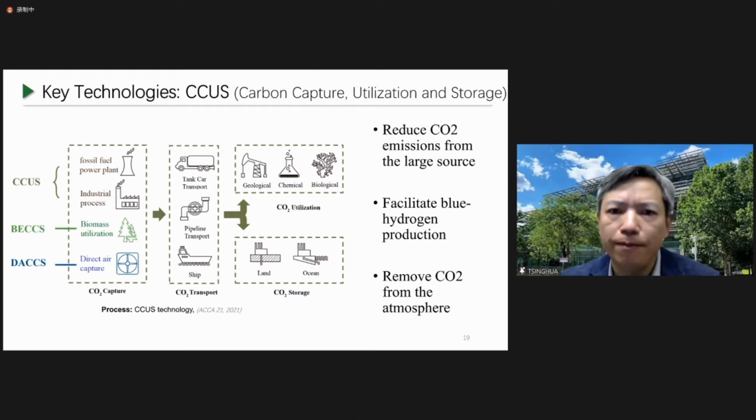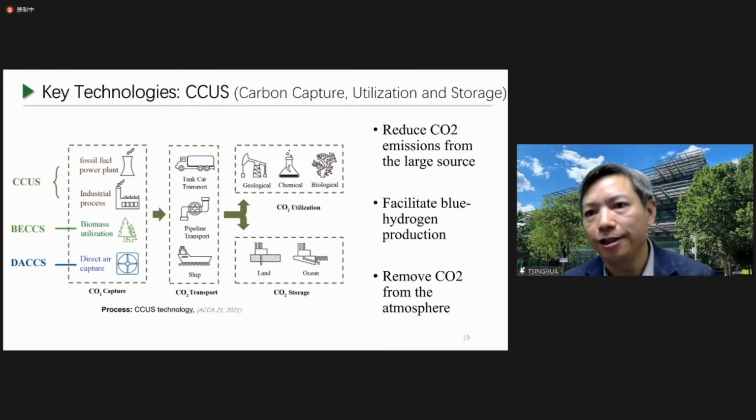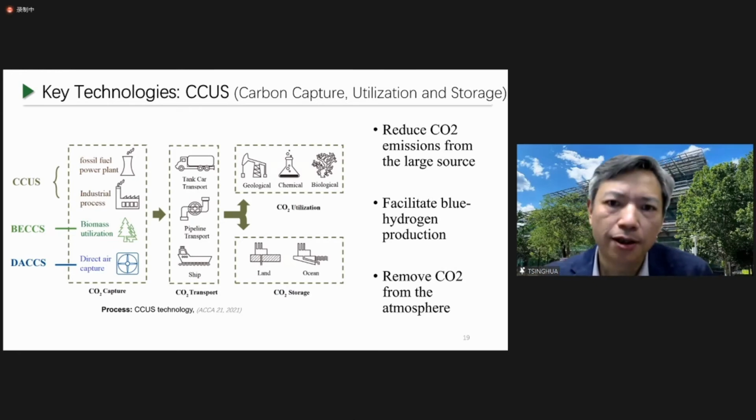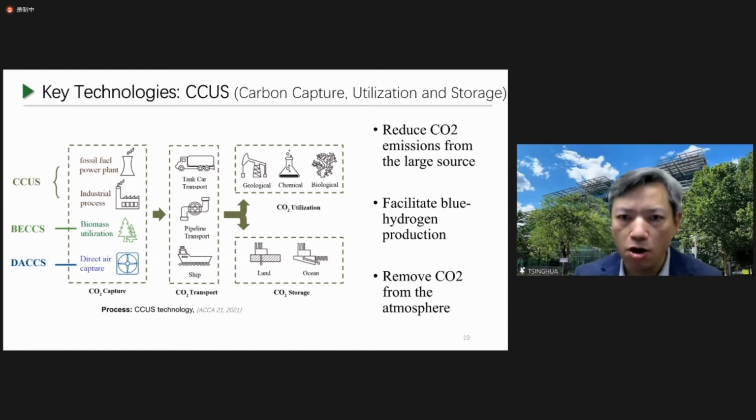CCUS is commonly predicted to play a very important role in China's transition as well as the global transition to carbon neutrality. In large part, it is because of the composition of China's existing energy infrastructure and the large role of coal in the energy mix today.